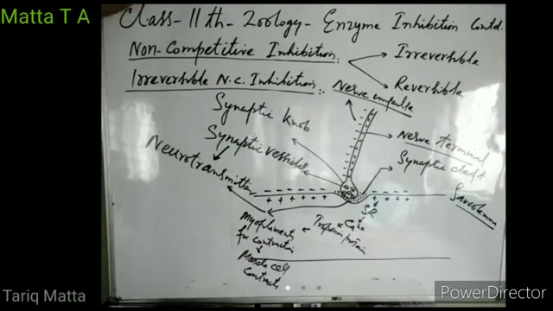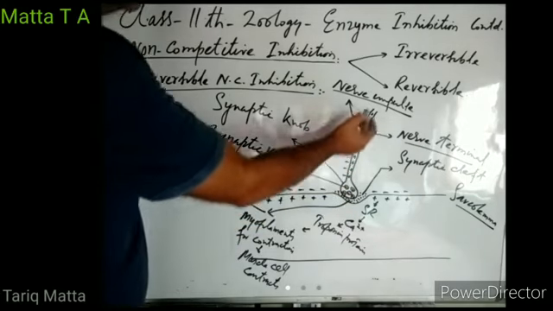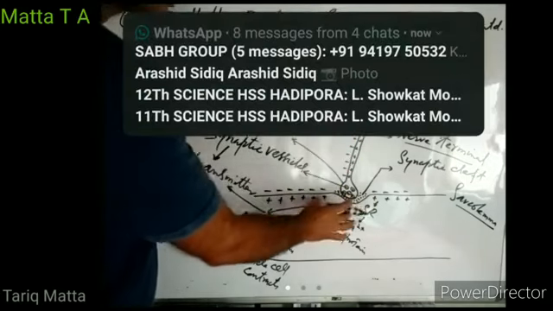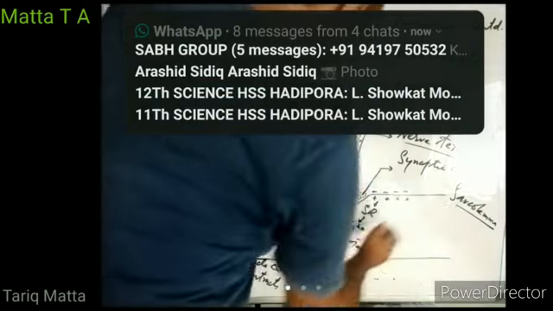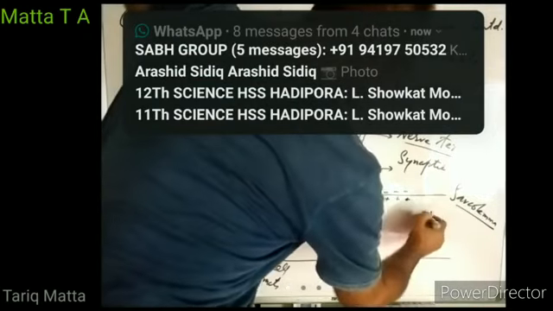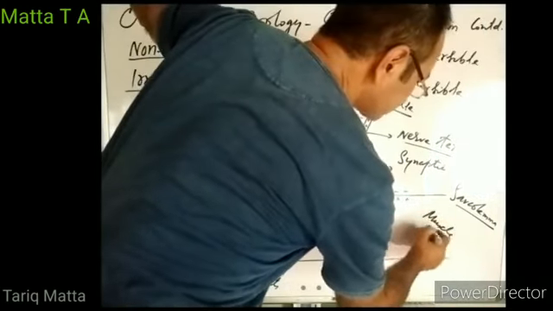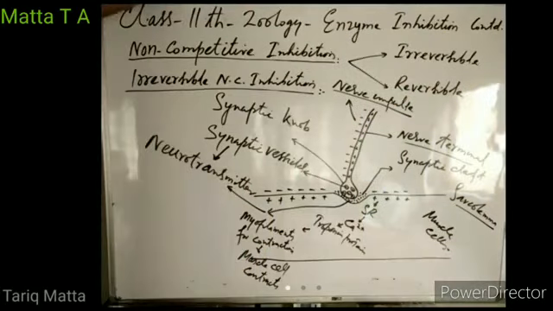So for muscle contraction, we need nerve impulses from our nervous system. The nervous system sends these nerve impulses to muscle cells through its branches known as nerve fibers or nerve terminals. When a nerve impulse reaches a muscle cell, it reaches in the form of a wave of depolarization.